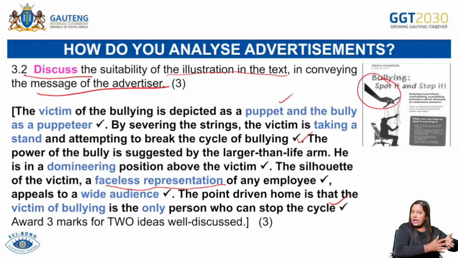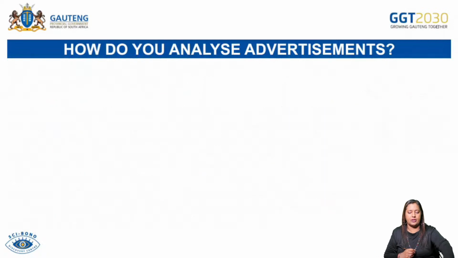We got the fact that we understood what it is all about. And then the comment, obviously, in terms of whether the advertiser has gotten his message across, obviously you can agree that yes, he has, because that faceless image, for example, is showcasing that anyone can experience this. And if they only stop it by breaking away from it, they would be taking control of the situation. And that's where our 3 marks are going to come in.